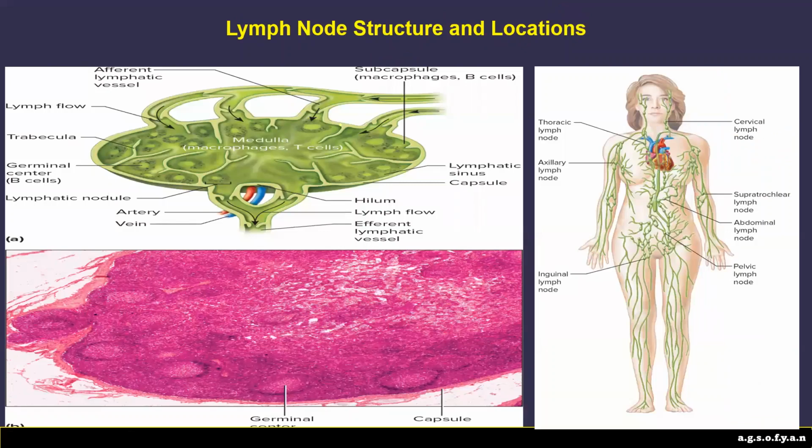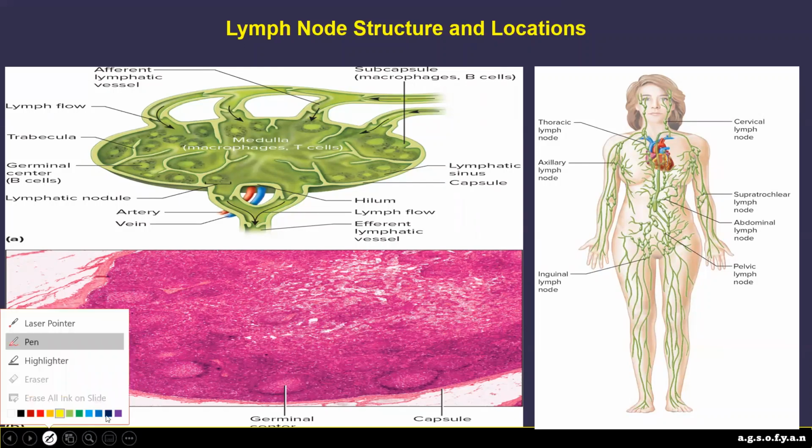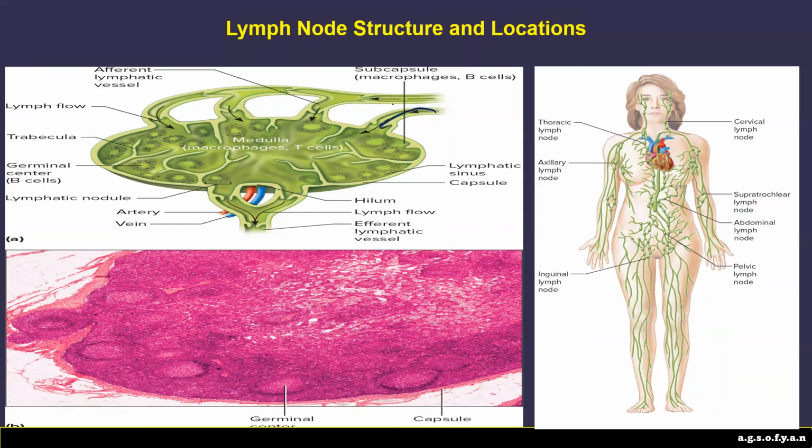Okay, so the structure. You see this picture. The fluid is going this way, going to the lymph node. This smaller vessel is the afferent lymphatic vessel. Inside here, we have macrophages and T cells that will destroy the foreign materials and pathogens, for example viruses, bacteria, and parasites. They will be destroyed by these white blood cells, macrophages and T cells.